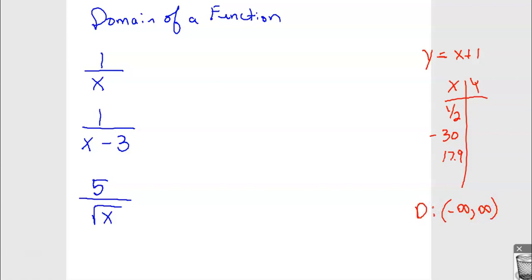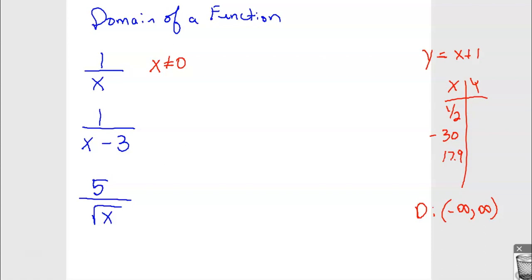So I want to know what values can I plug in. Well, notice on this first problem, I have 1 over x. You remember one of the rules is you cannot have 0 in the denominator because it's undefined. So here, x cannot be 0. It can be any other number, but it cannot be 0 because you cannot have a 0 on the bottom.